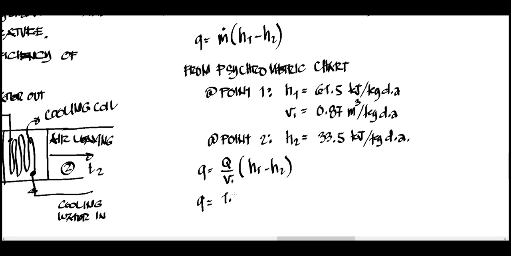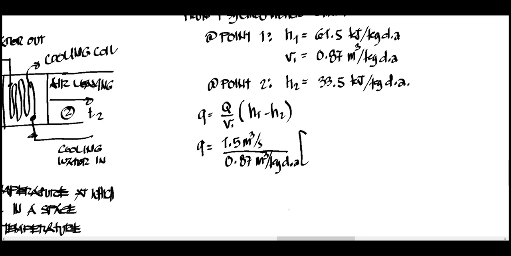The volume flow rate is 1.5 cubic meter per second divided by 0.87 cubic meter per kilogram dry air, then multiplied by the change in enthalpy, 61.5 minus 33.5, in kilojoule per kilogram dry air.